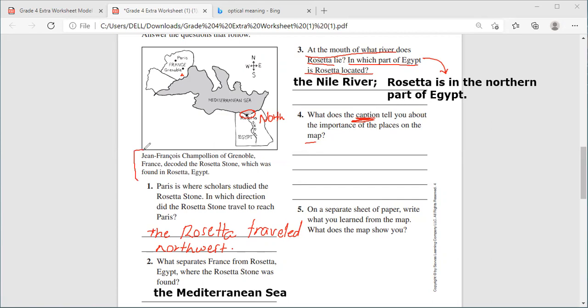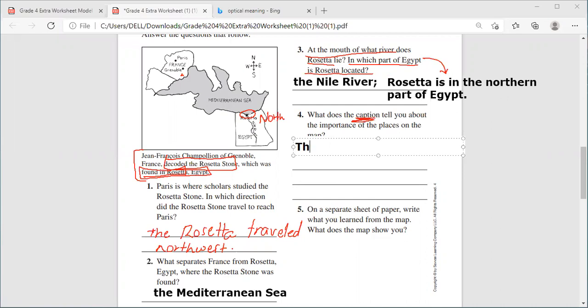As we said before, this is the caption: Jean-François Champollion of Grenoble, France, decoded the Rosetta Stone, which was found in Egypt. The caption first tells me the location; it explains where they found it, in Egypt, and the history of this stone. And what was decoded? I need to go back and find the details there.